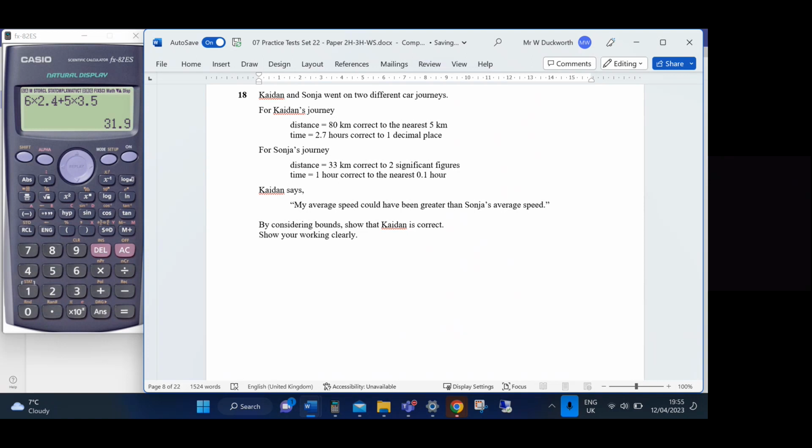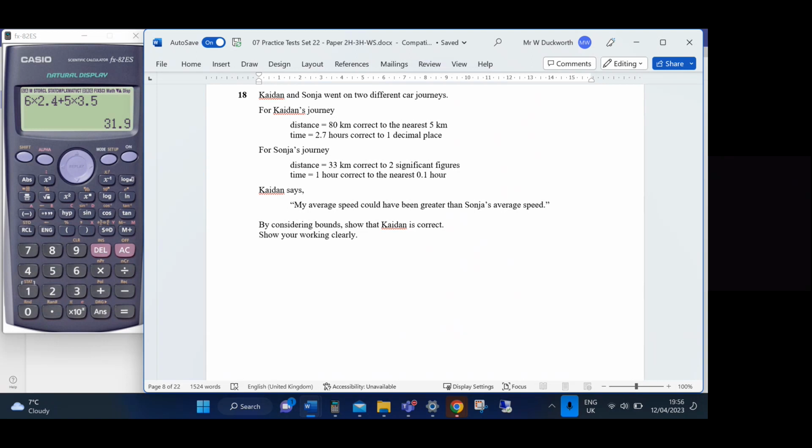For Sonia's journey, a distance of 33, correct to 2 significant figures, and a time of 1 hour, correct to 0.1 hour. Caden says my average speed could have been greater than Sonia's average speed. By considering bounds, show that Caden is correct. Show your working clearly.